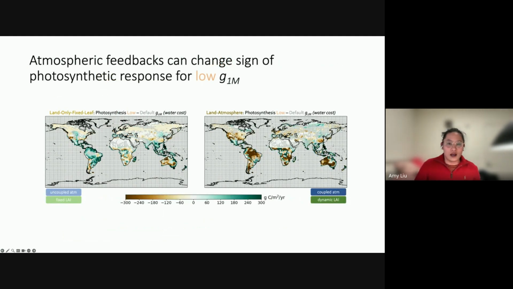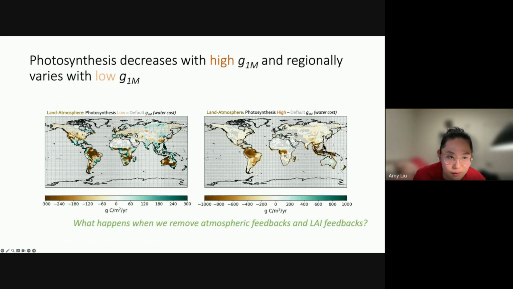But it's saying that if G1M had a value that was lower or higher than what is currently represented within the model, so for example, if G1M weren't one value for each single PFT and actually varied based on where it were, then there would be an under or overestimation depending on what region you look at.